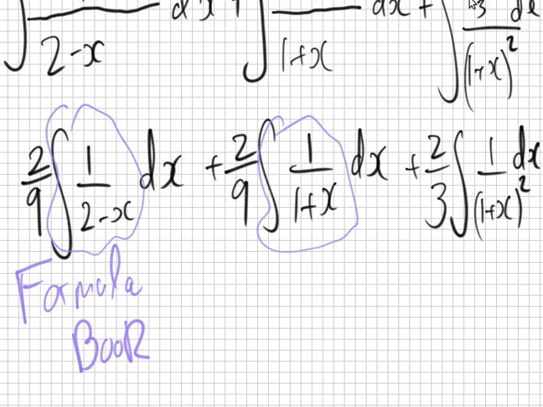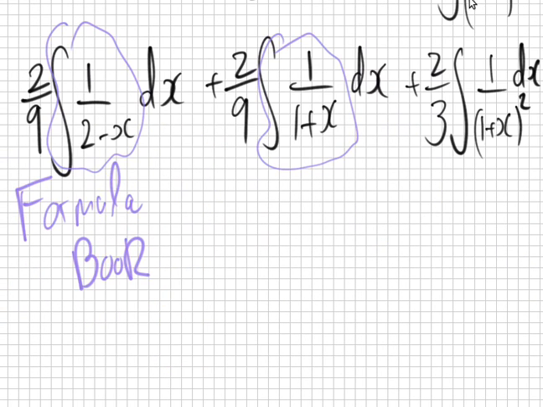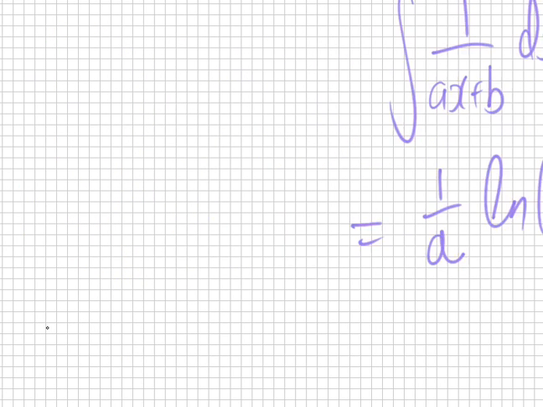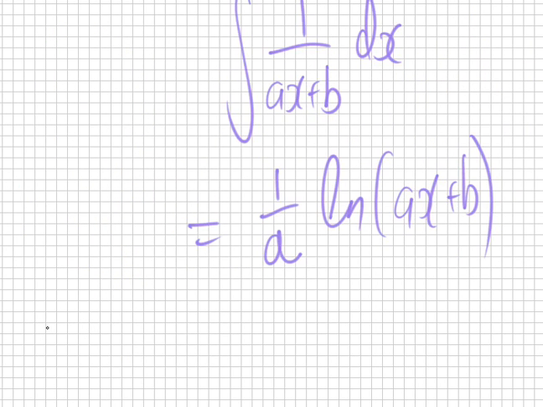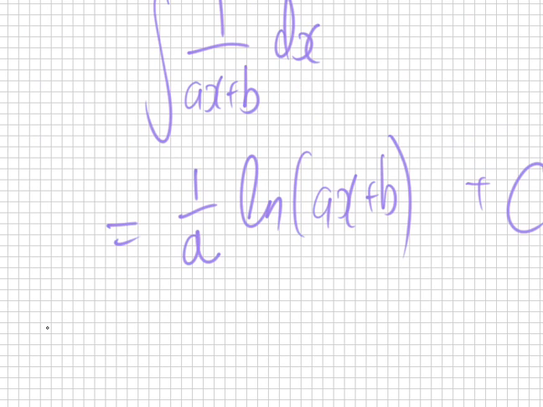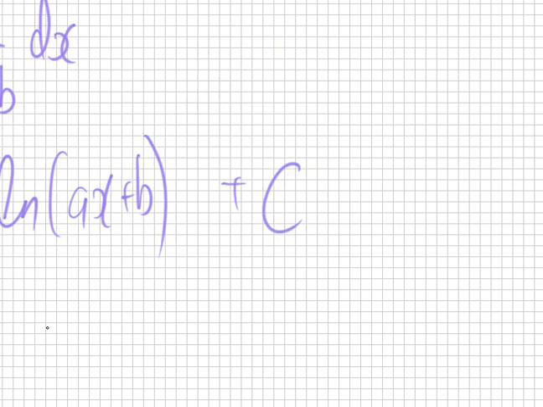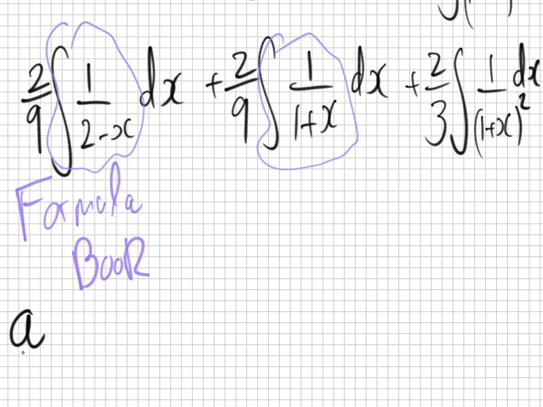So if I use the formula book, what's the A here in this formula? It got cut out. It's minus 1 because the A was on the X. See, look at it. So the A is minus 1 and the B is 2.